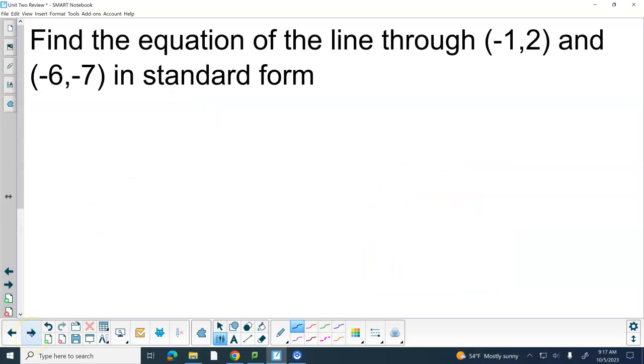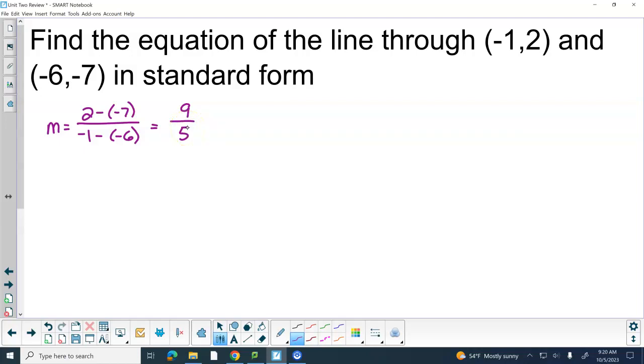Find me the equation of the line through those 2 points, this time in standard form. So first thing you have to do is find the slope. So we're going to subtract the y's over subtracting the x's. 2 minus -7 is going to be +9. -1 minus -6 is going to be positive 5.